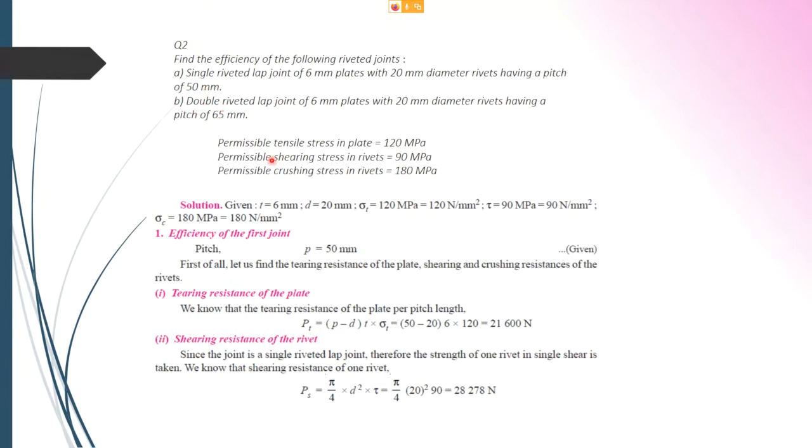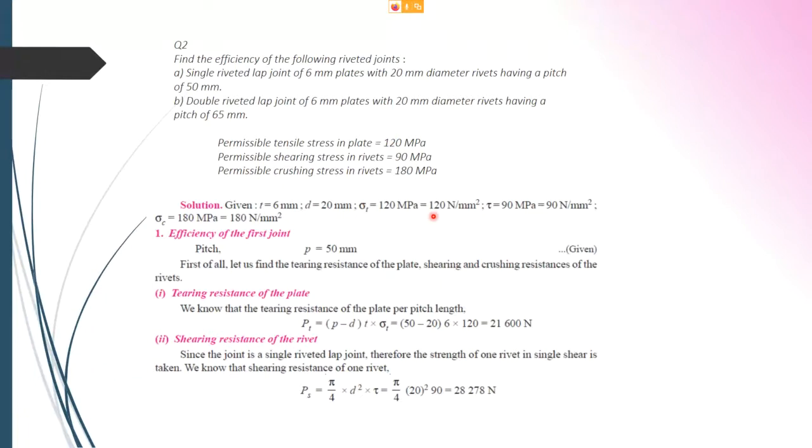For both conditions, the permissible tensile stress in the plate is 120 megapascal, the permissible shearing stress in the rivets is 90 megapascal, and the permissible crushing stress in the rivets is 180 megapascal. So these are the data that is given: the thickness of the plate 6 mm, the diameter of rivet 20 mm, tensile stress 120.